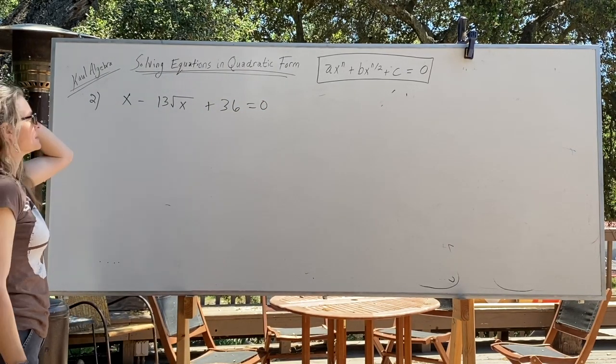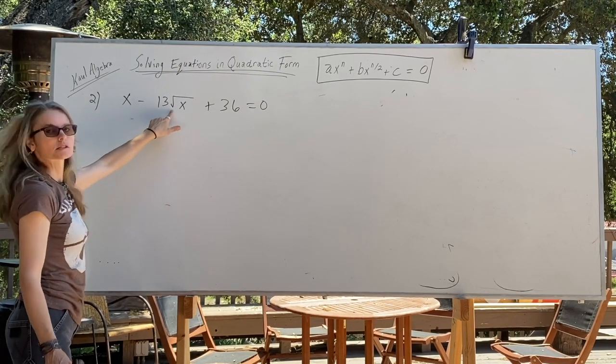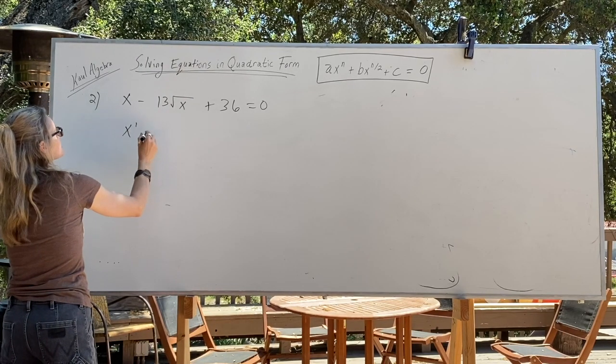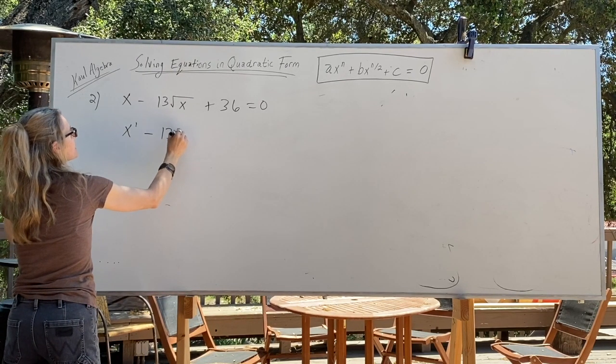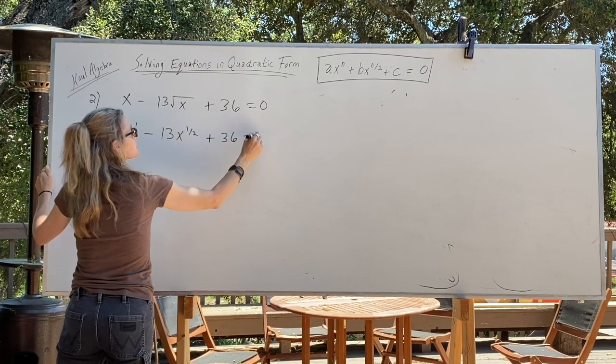This might not seem like it's quadratic in form, but if I write the square root with rational exponents, I get x to the first minus 13 x to the 1/2 plus 36 equals 0.